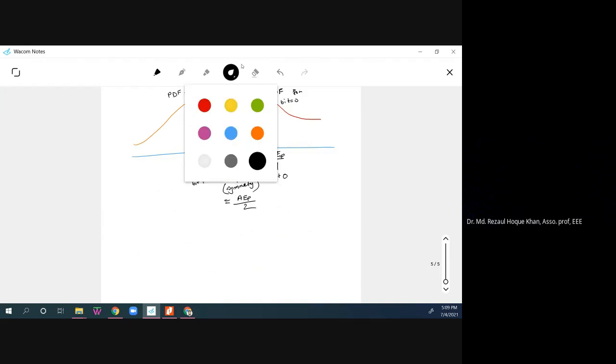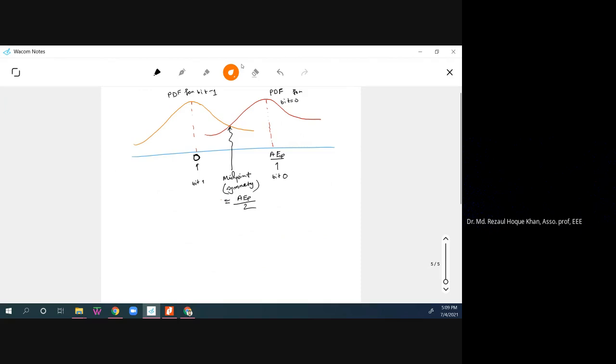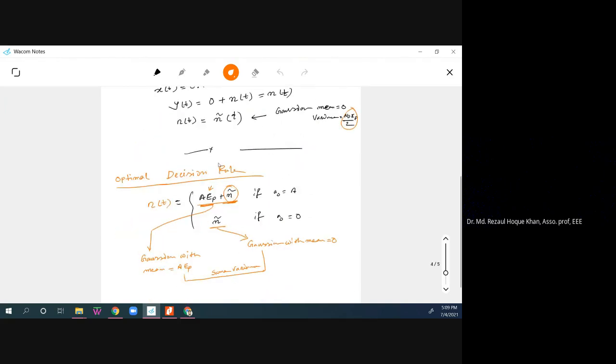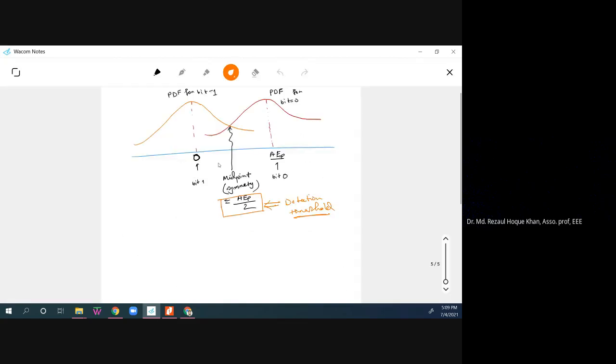For our case, this is very important. This will act as a threshold, the detection threshold. We are trying to find the optimal decision rule, and to derive it we really need to know where the detection threshold is.